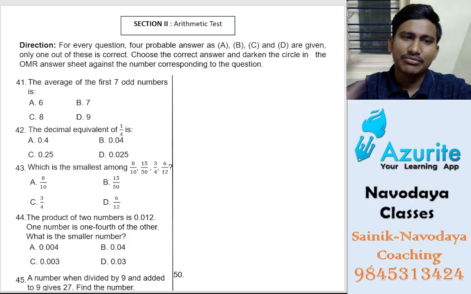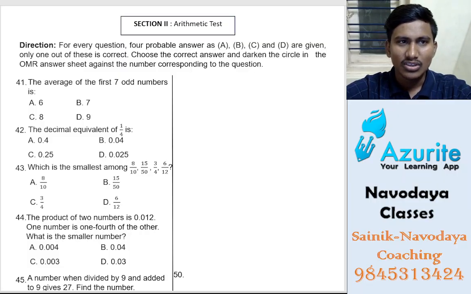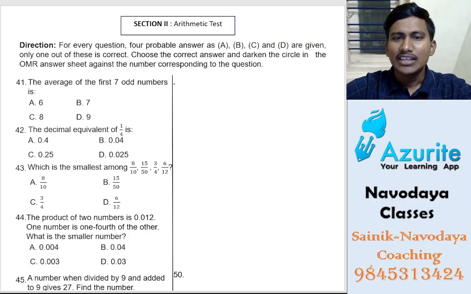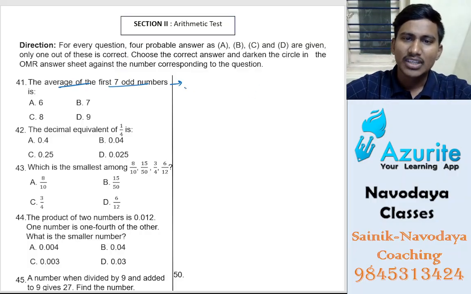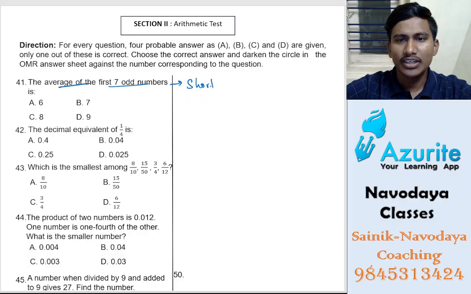Okay. So here the first is question 41. What is the 41st question if you see? The question is the average of the first 7 odd numbers. So you should remember there is a shortcut. What is the shortcut?